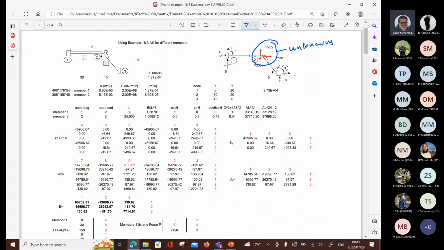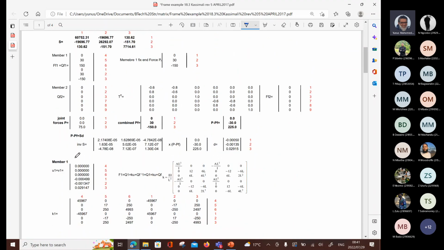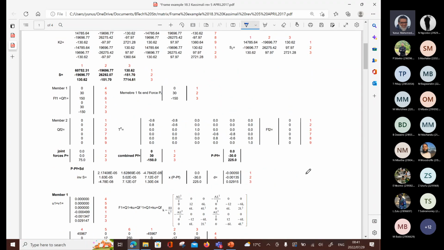And what we do is we create an equation, which is P minus PF is equal to S times D. P would be your external forces, PF would be your fixed end moments.